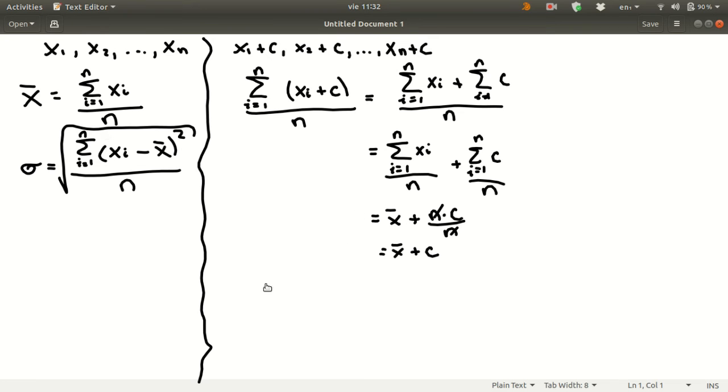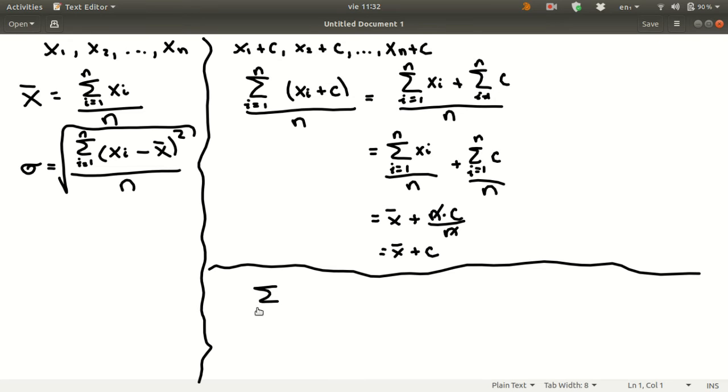Okay, so now let's look at the effects of adding the constant to the standard deviation. So if we do the calculation for the standard deviation, we're going to have the sum of i from 1 to n, okay, and then we have the new data, x sub i plus c, and then minus the new mean, but the new mean is x bar plus c, okay, and then we are going to raise it to the power of 2 and divide by n.